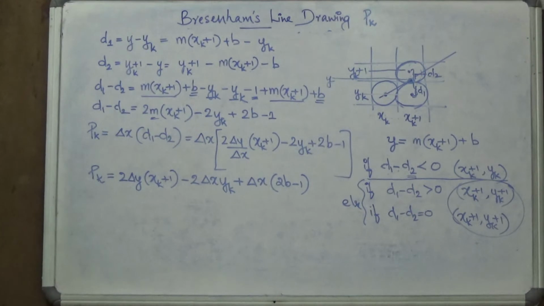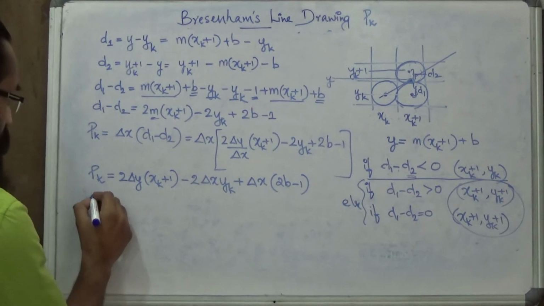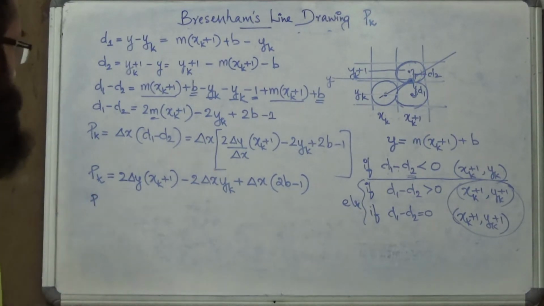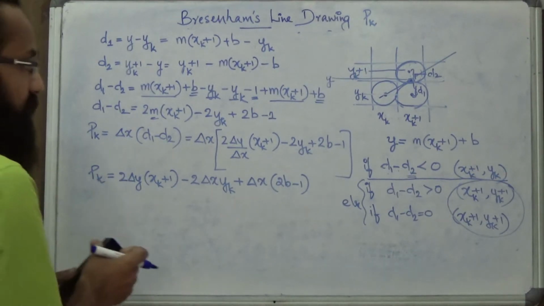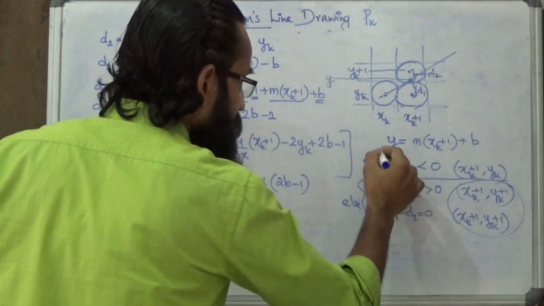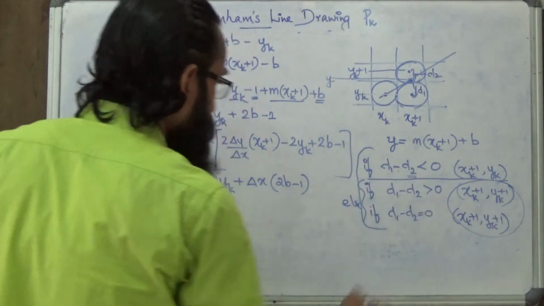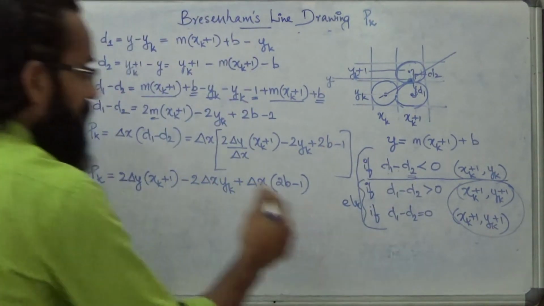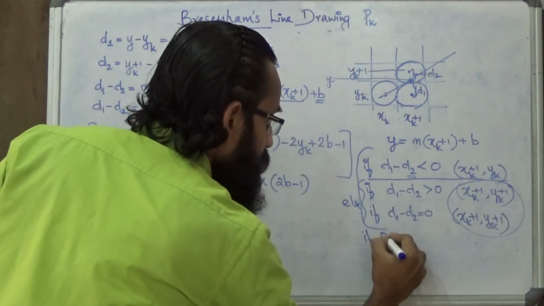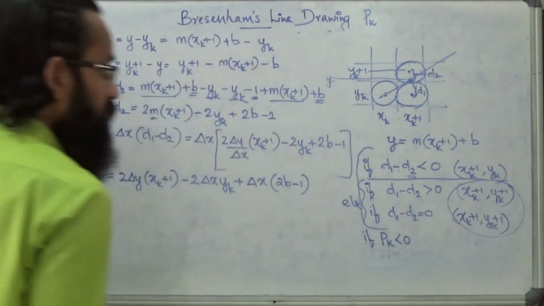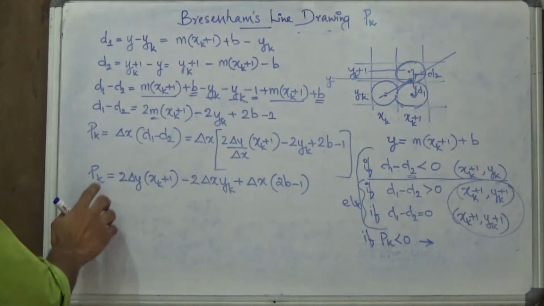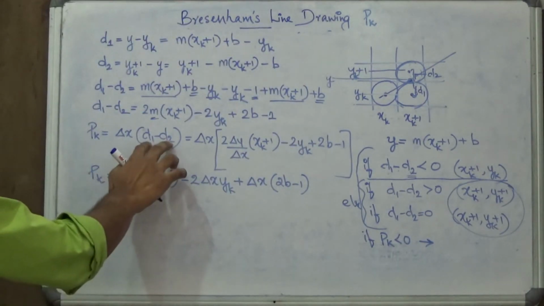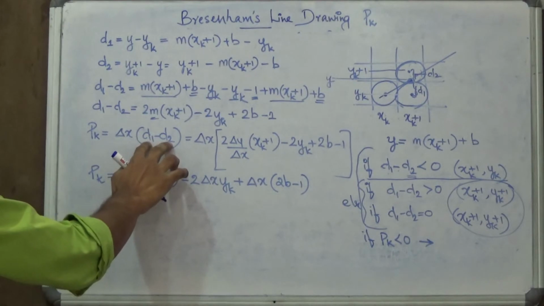Now, if pk is negative, at this point we can rewrite this thing based on pk. If pk is less than 0, then it is clear that d1 minus d2 is less than 0, d1 minus d2 is negative.